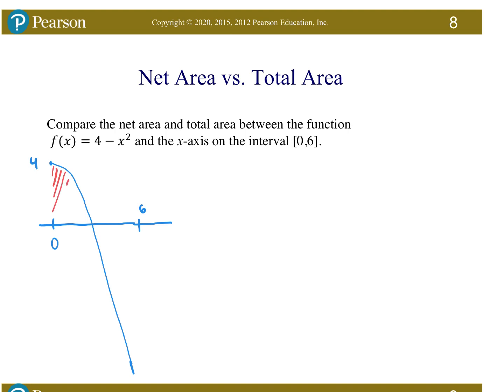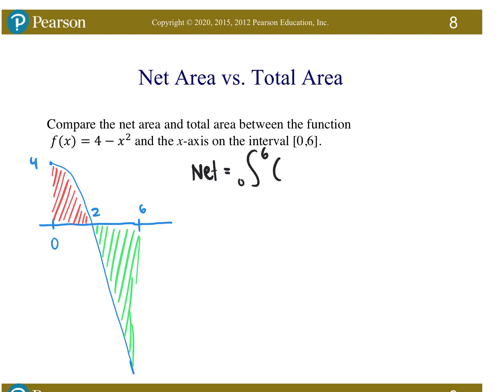Where is it crossing the x-axis? Again, we don't need our calculator to do that for us. 2, okay, good. Okay, it's crossing the x-axis at 2. And then we have all of this area down here. So the difference here is that my net would simply go from 0 to 6.